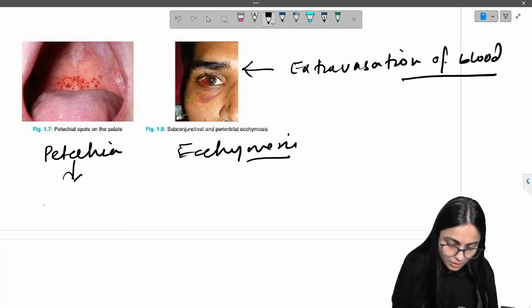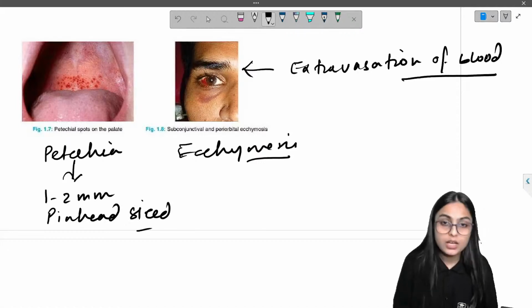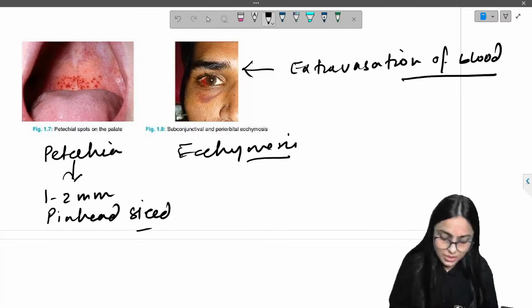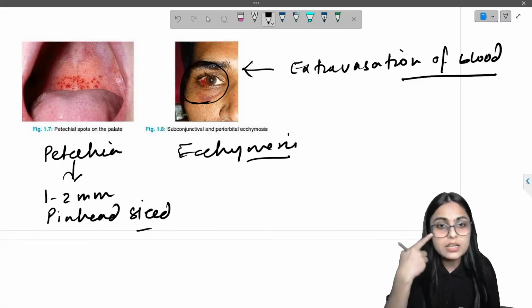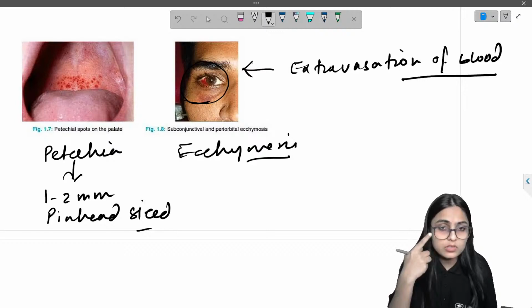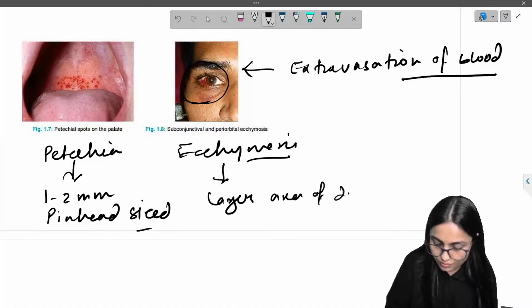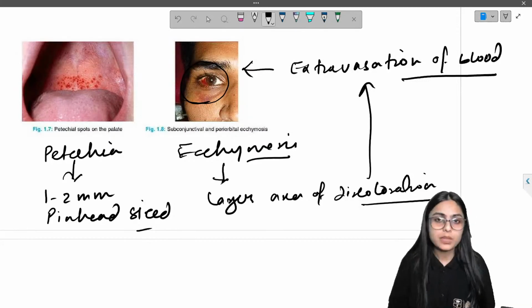Petechiae will be 1 to 2 mm, pinhead sized. And ecchymosis is just a larger area of discoloration. Can you see periorbital as well as subconjunctival ecchymosis? The cause of discoloration is extravasation of blood.